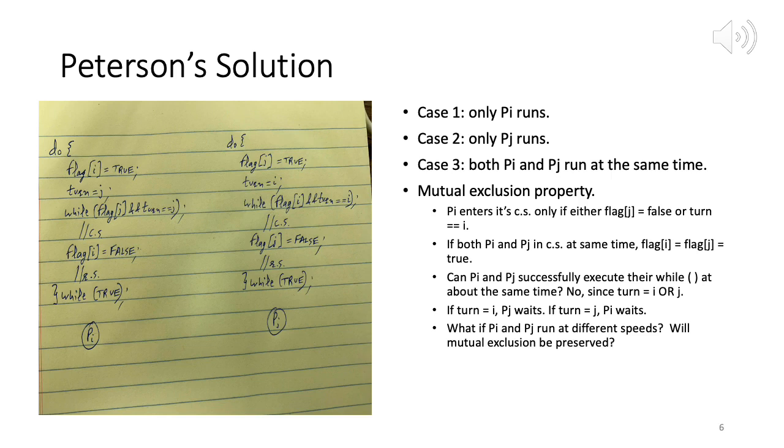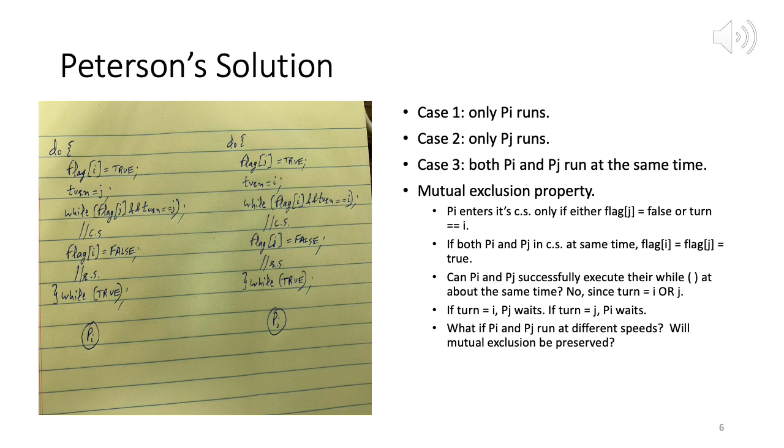If the while runs first, then flag i is true, it is; turn == i, it is; so Pj will wait there. And now turn = j executes, and now Pj will get out of the while because the value of turn is j, so that while condition is false, and naturally now Pj gets in and Pi waits.